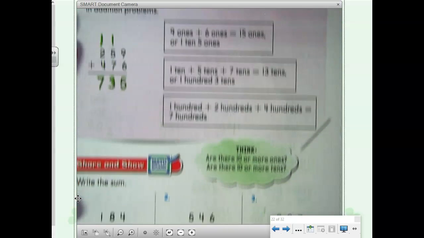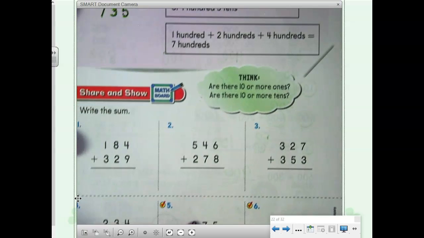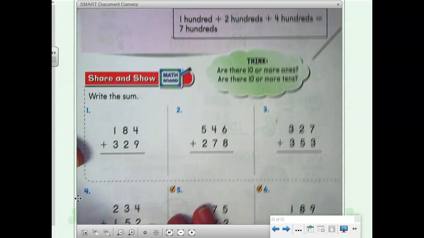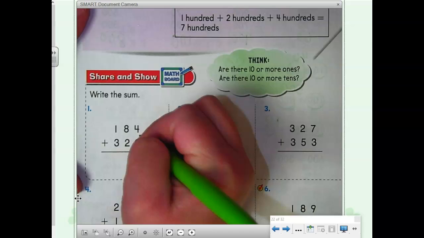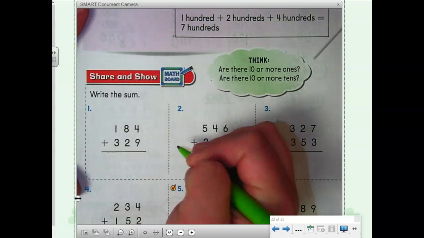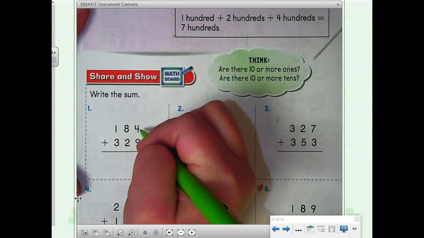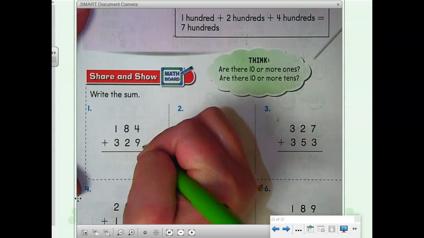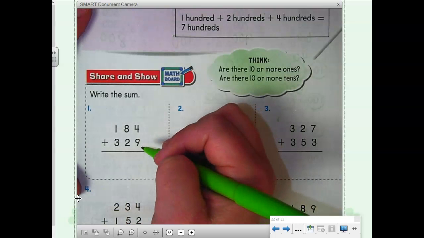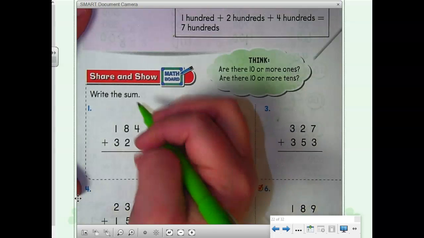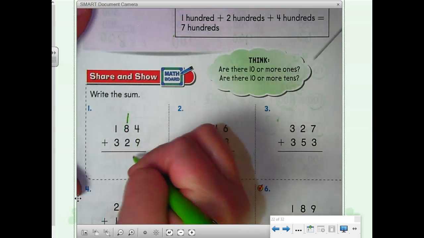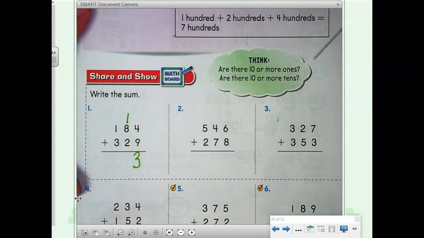All right, we're going to try some. All right, number 1. 184 plus 329. What's 4 plus 9? 4 plus 9 is 13. Remember, 13 is 1 ten and 3 ones.